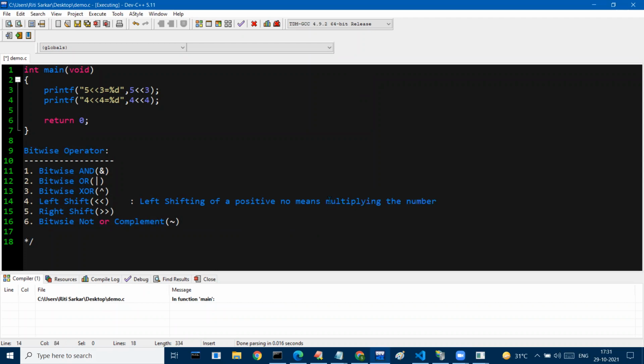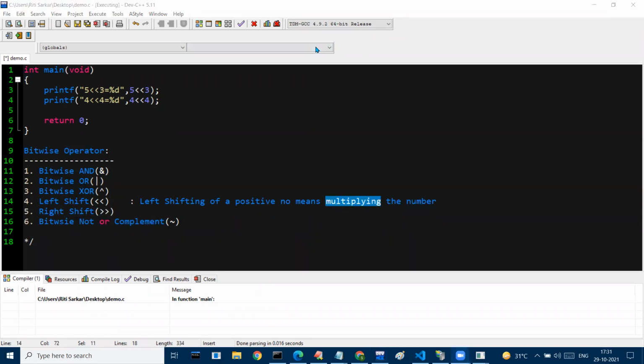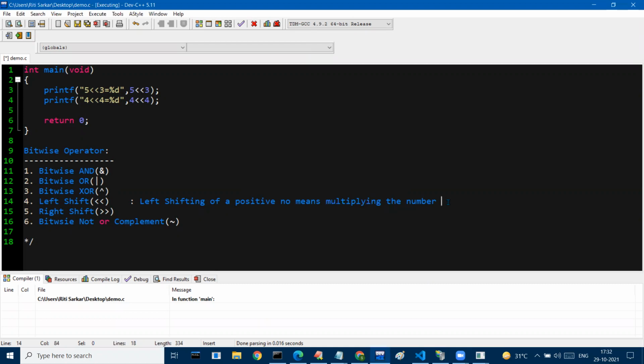So automatically you can understand that 100% the number is going to increase. Yes, Chetan, Madhulina, your answers are correct. Left shifting of a positive number means multiplication, that means the number will be increased. Left shifting of a positive number means multiplying the number by 2 to the power. Now, why 2 to the power?